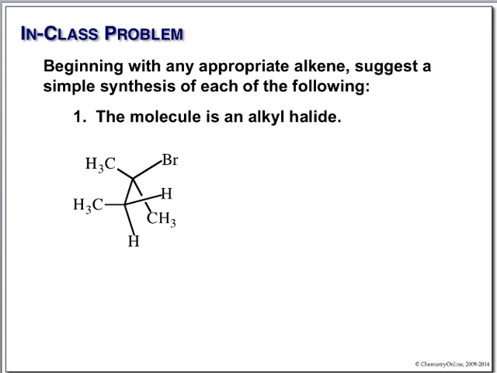So we look and see what is the regiochemistry. Well, bromine is attached to a tertiary carbon. Therefore, this is Markovnikov regiochemistry. Okay, go ahead and draw an alkene that we could add HBr to and get this product.